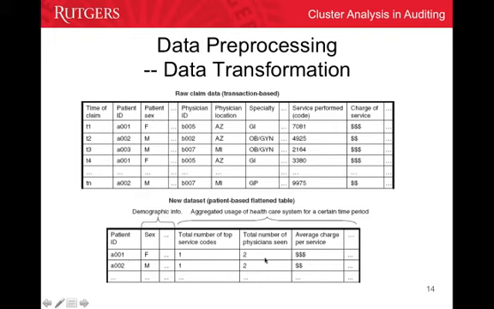Then we still include the patient information, like the sex or patient ID. And then we aggregate the patient's usage of the insurance for a certain time period. So we have the total number of services the patient has used during this period, the total number of physicians the patient has seen, and the average charge per service of this patient during this time period.